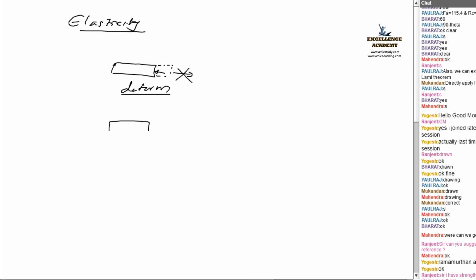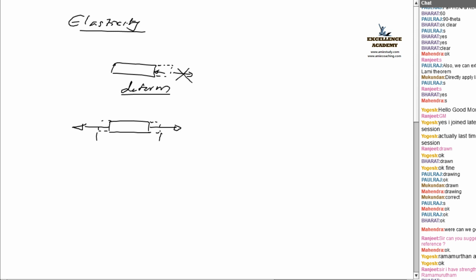Got it? Whenever I give a force to a material, it will get deformed. Say, if I give a tensile force, that means forces acting in opposite directions on the body, the body will elongate. That means the body length is going to increase. Anyway, deformation is taking place.